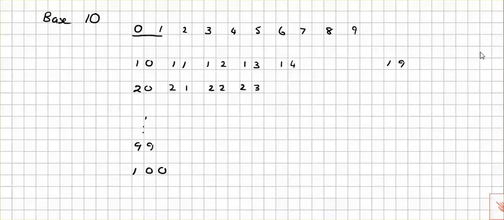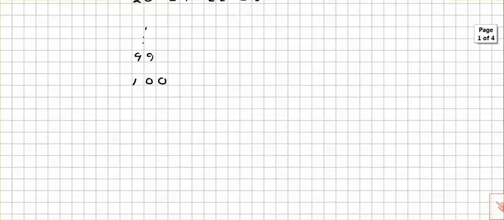So for instance, if I asked you to write down, let's say, 10 sheep, so I know I've got 10 sheep, how would you write that I've got 10 sheep if we were using base 4?